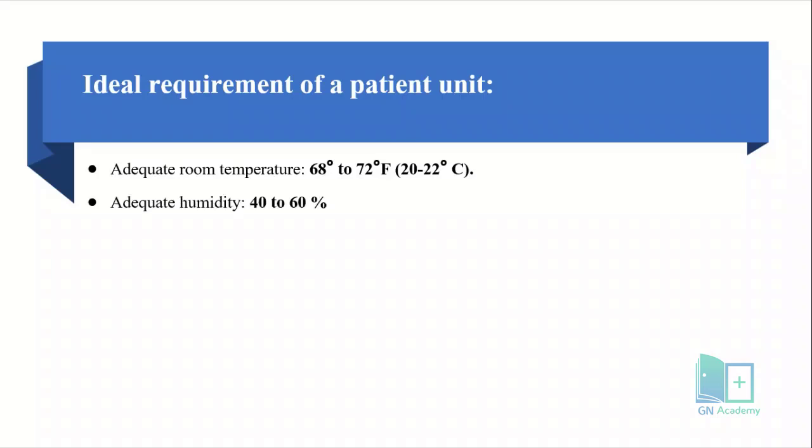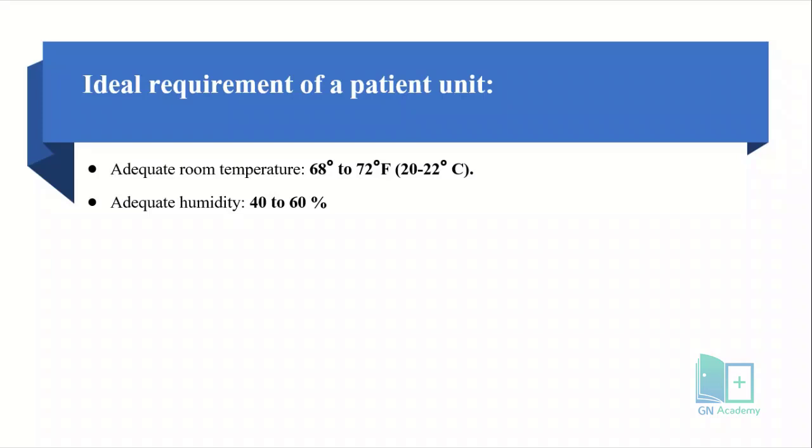Coming to the next, humidity. Humidity is very important here. Humidity is nothing but the moisture in the air. This moisture in the air is one of the factors influencing changes in internal body temperature while we are breathing.